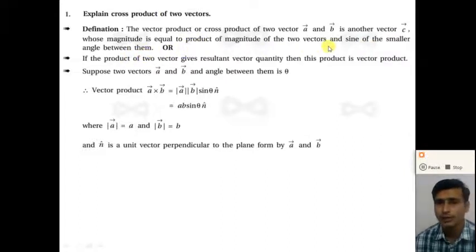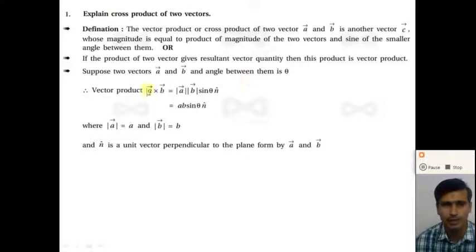So simply we can define the cross product or vector product like this: the vector product of two vectors A and B is equal to the product of the magnitudes of the two vectors and the sine of the angle between them.